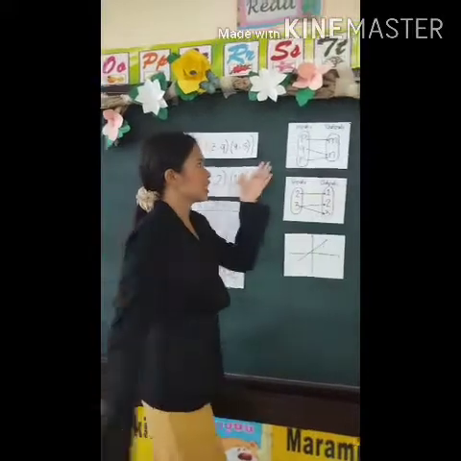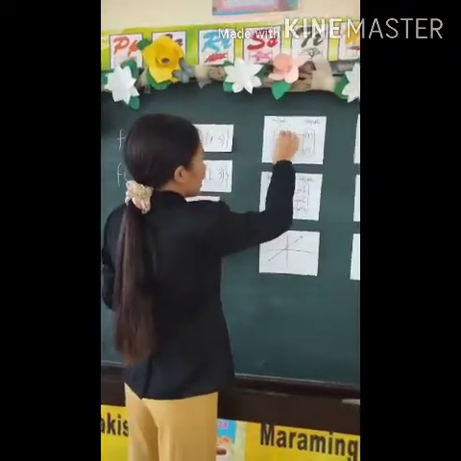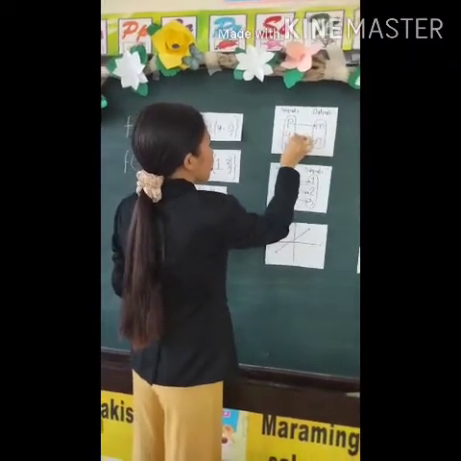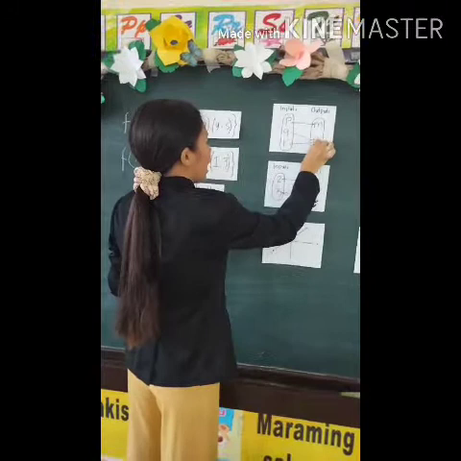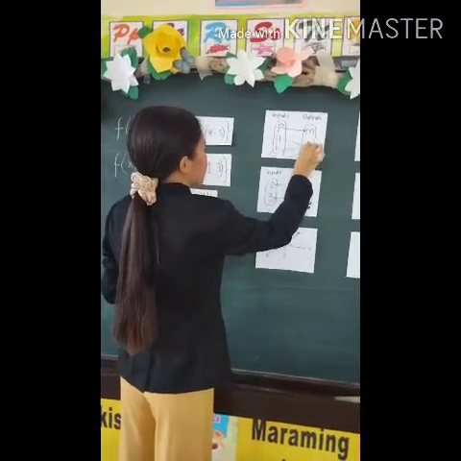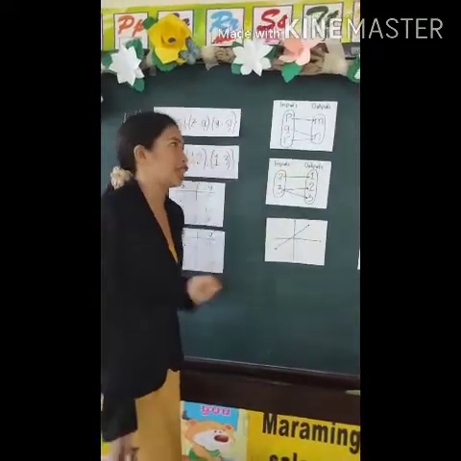So let's proceed to our example number 4. Input P connects to output M, input Q connects to output N, and input R also connects to output N. So what do we call this? Is this a function or not a function?